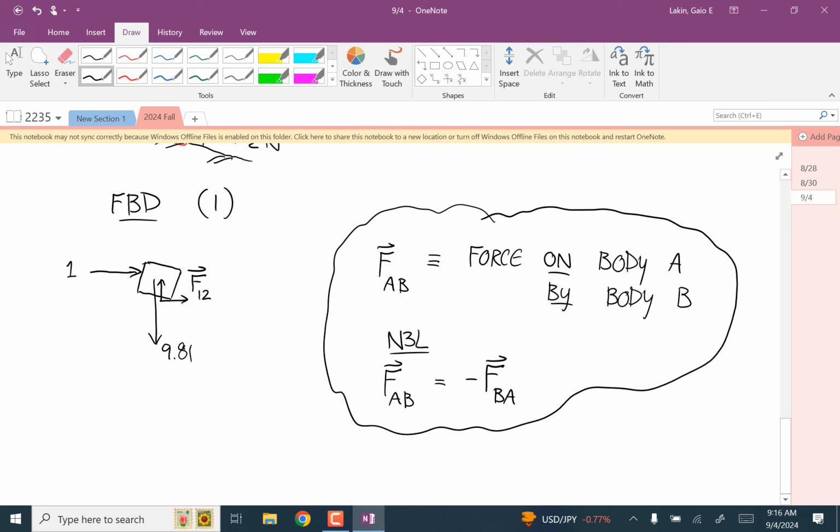Anybody have any questions about why using this notation is a simple, nice, clear statement of Newton's third law?